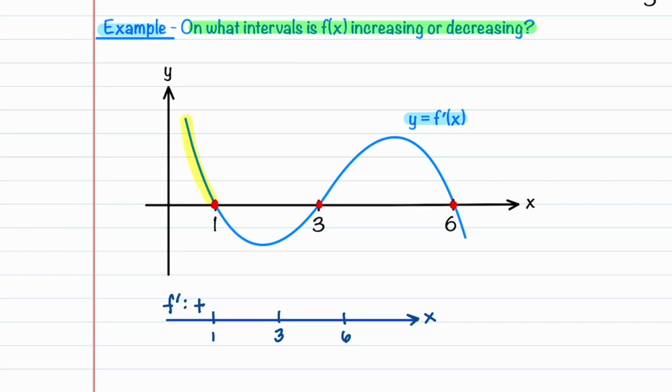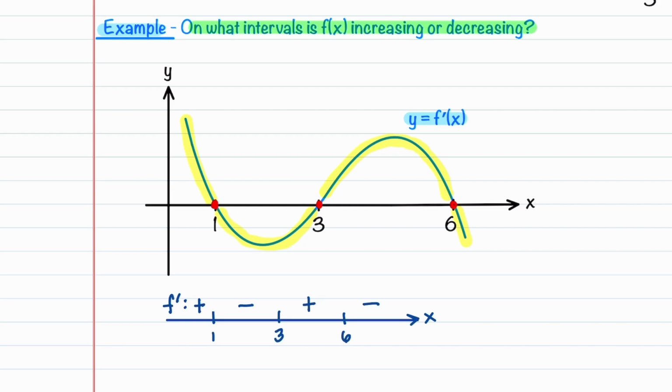Between 1 and 3, f prime is negative because it lies below the x-axis. And then you can see the pattern. Between 3 and 6, it lies above the x-axis, so it is positive. And then for points greater than 6, it is negative.